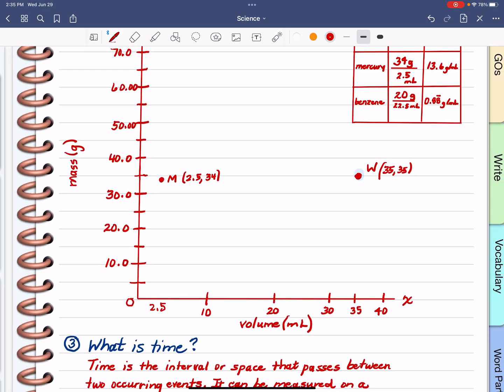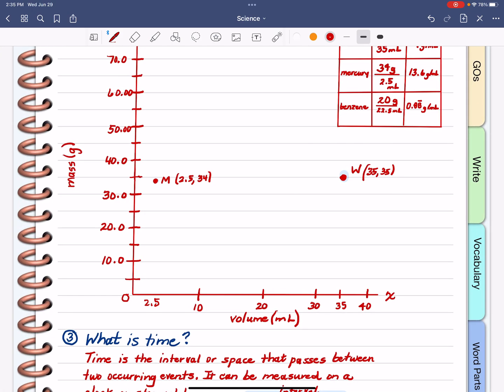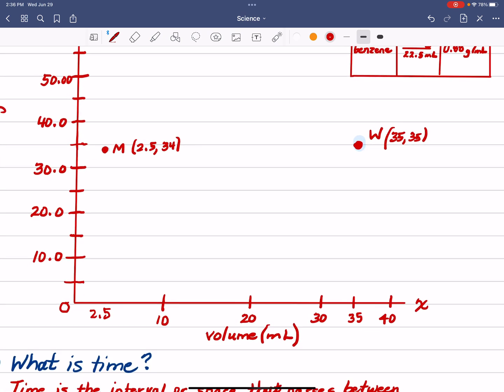So let's try benzene. Benzene is a chemical. You can breathe it in. You don't want to breathe it in, but you can. So it's almost, you could say, in a gas state. Yeah, I would expect the density of benzene to be much lower. So let's plot benzene. It's going to be at 20 grams and 22.5 milliliters.